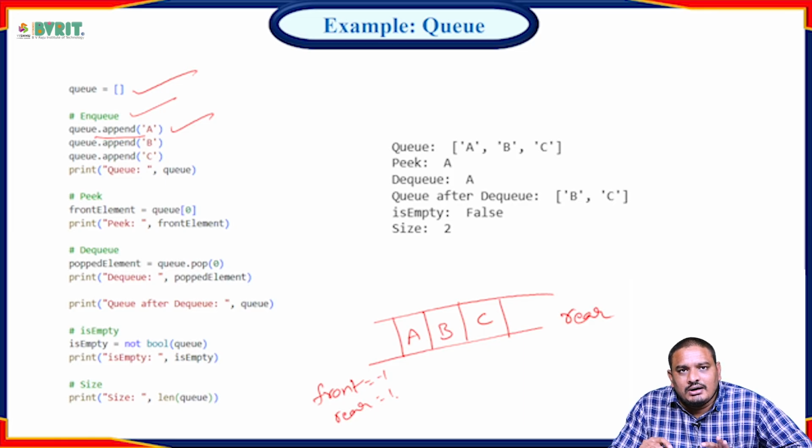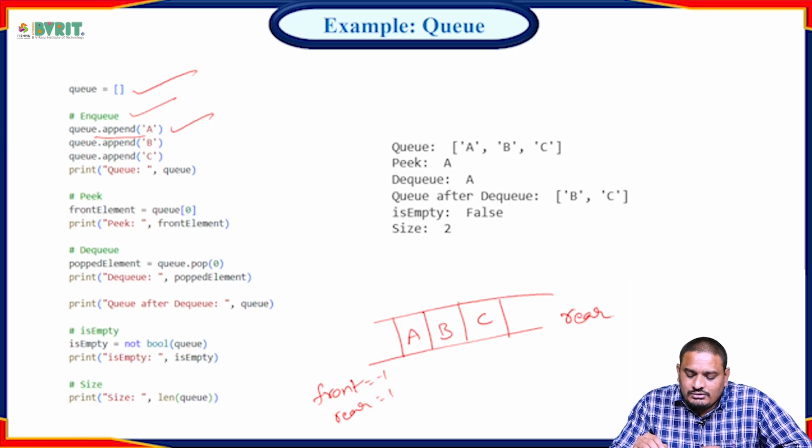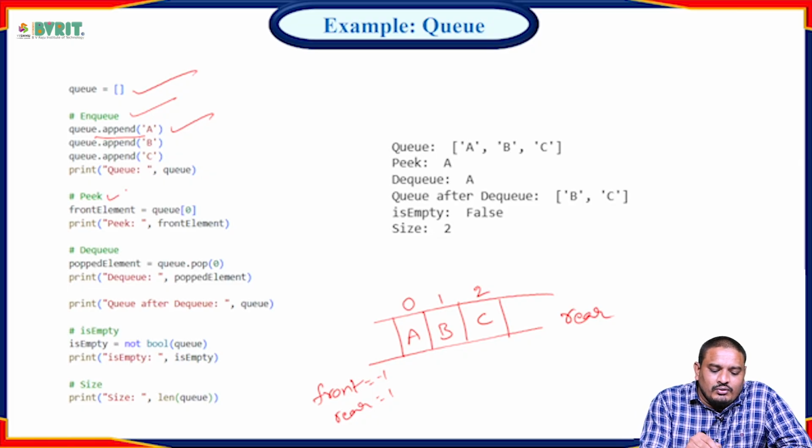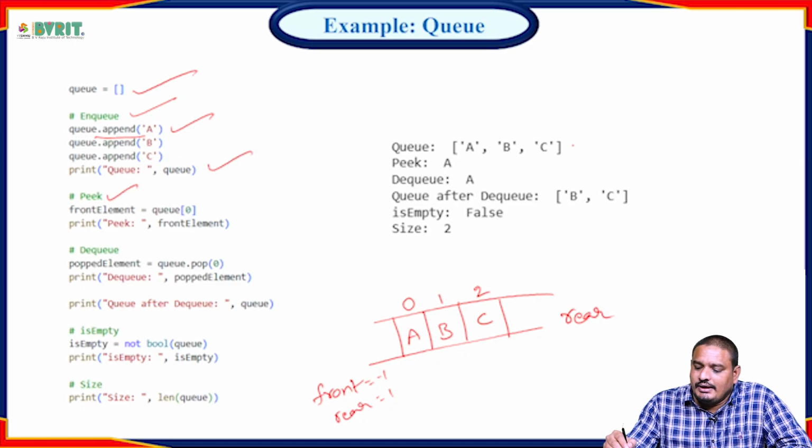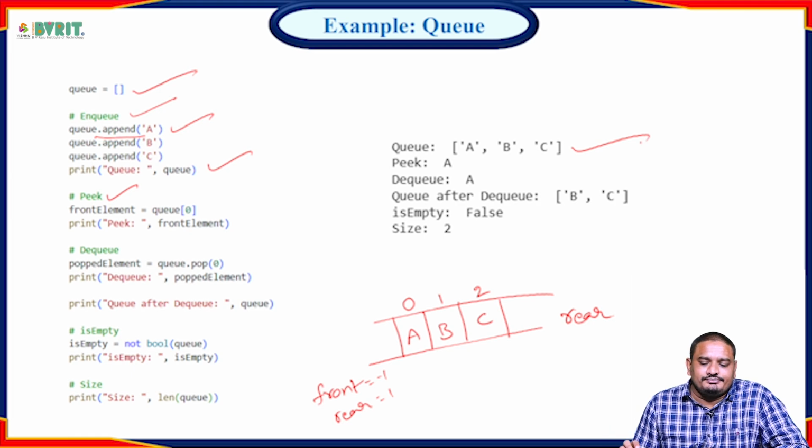That means we have not inserted any values. The positions are 0, 1, 2. Now we can print the Q, and the values are A, B, C.